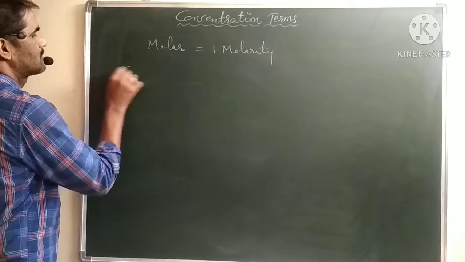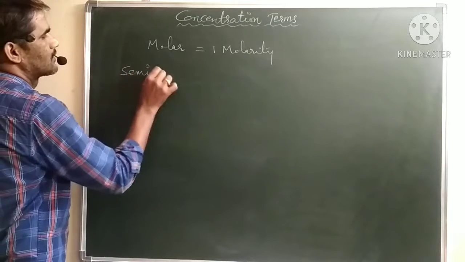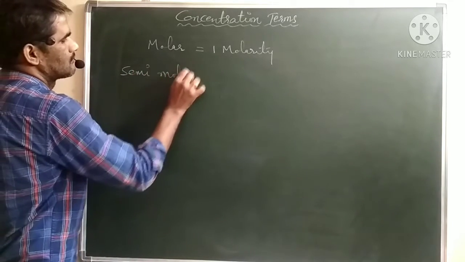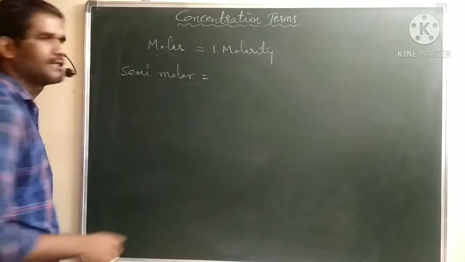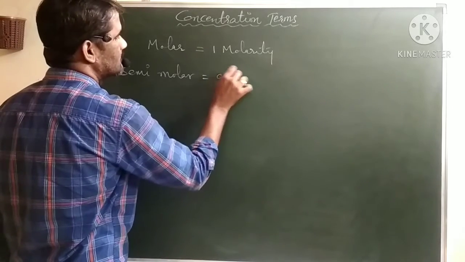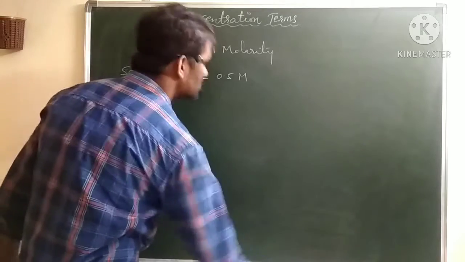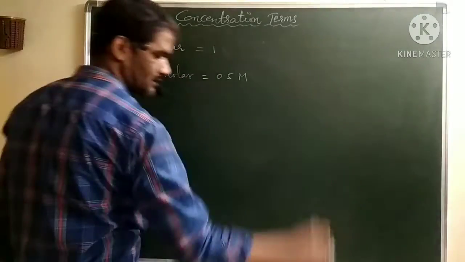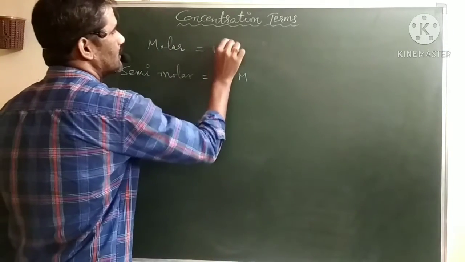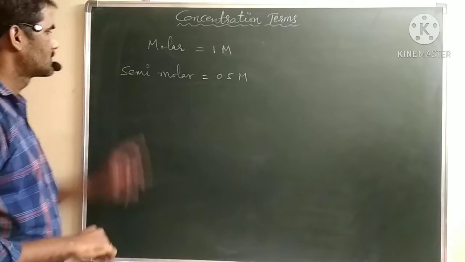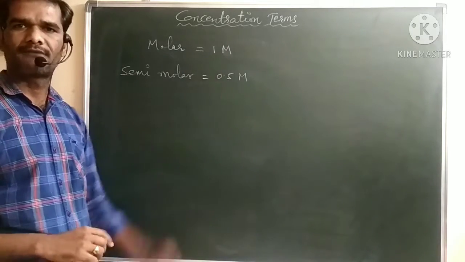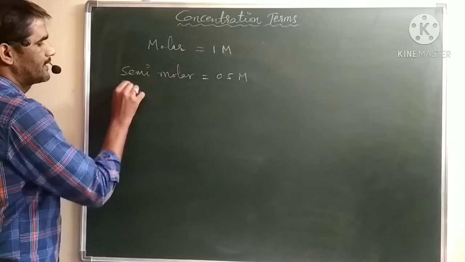And sometimes it may be semi-molar. Semi-molar means 0.5 molar. So molar means instead of molarity, you can write 1 molar. Semi-molar means 0.5 molar. Similarly, decimolar.